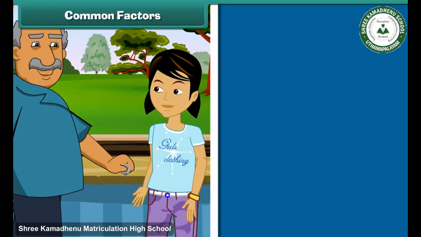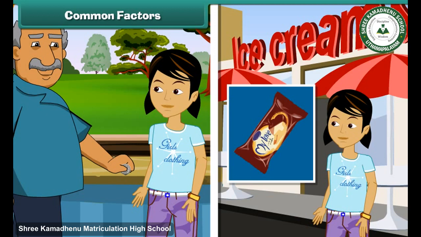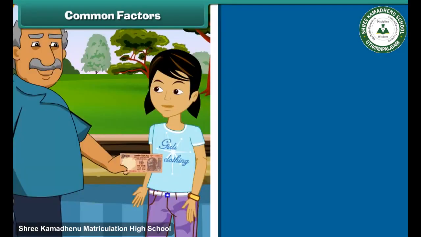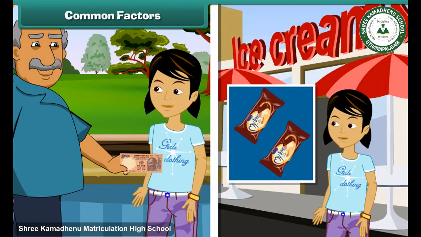Common factors. Prerna's grandfather gives Prerna 5 rupees for ice cream. She rushes to the ice cream parlor and buys her favorite orange bar for 5 rupees. We can express it as 1 multiplied by 5 is equal to 5. A week later, he gives Prerna 10 rupees. This time, she buys 2 orange bars.